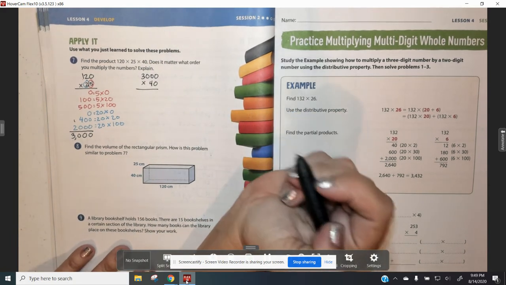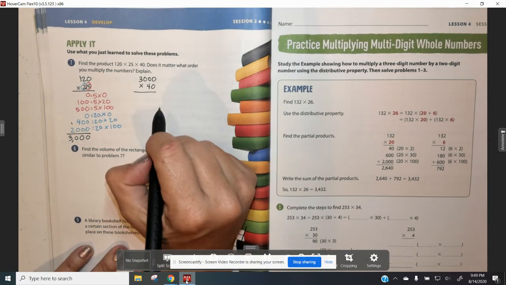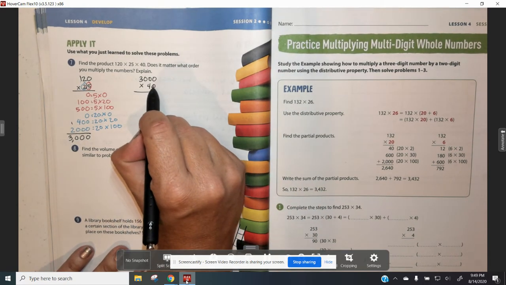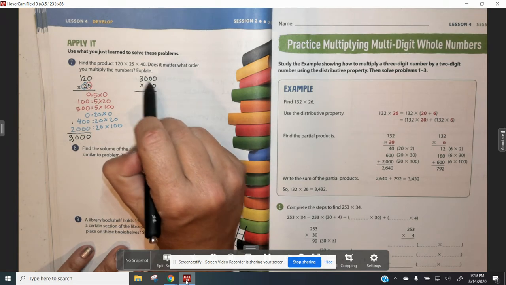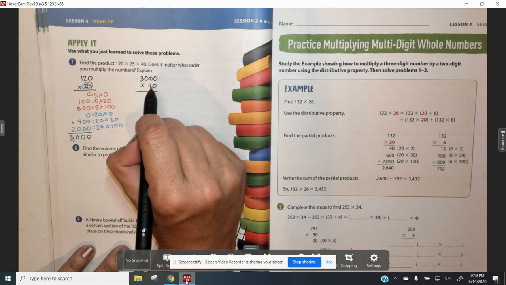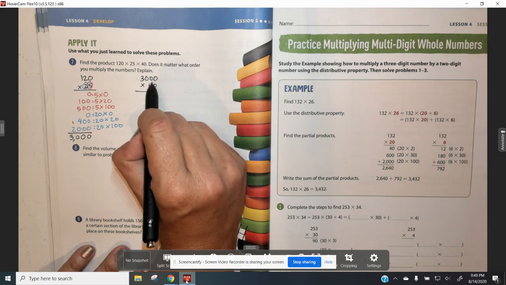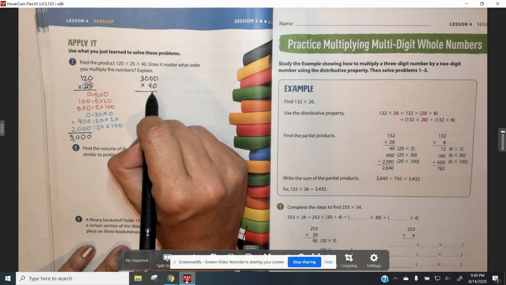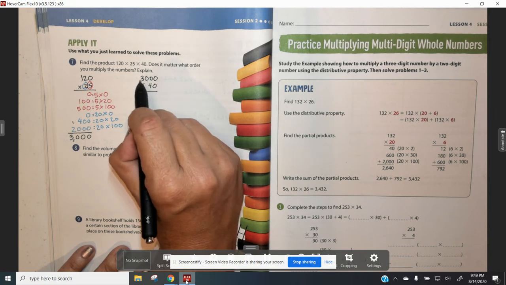Now what's nice about this is I don't have to do any partial products, because the 0 is in the ones place, so I don't need to do that, because 0 times 0 is 0, and even 0 times 3 is 0. So what is 40 times 0? 0. 40 times 0 is 0. And then 40 times 3.